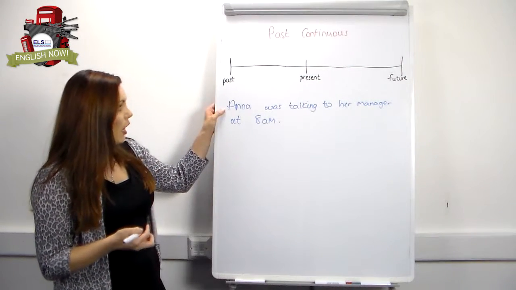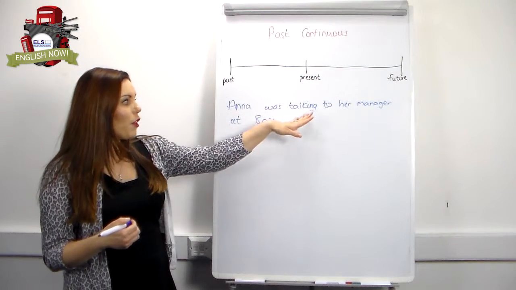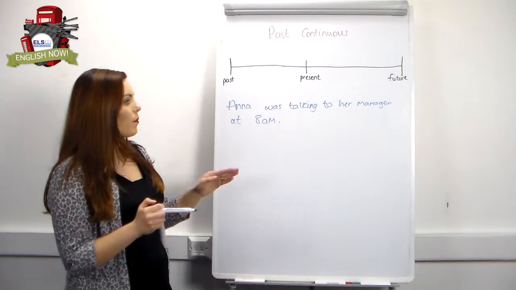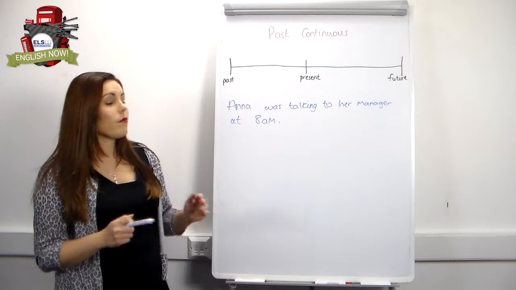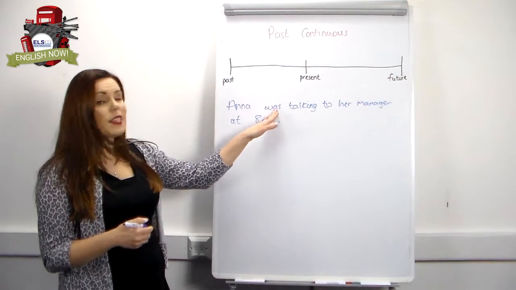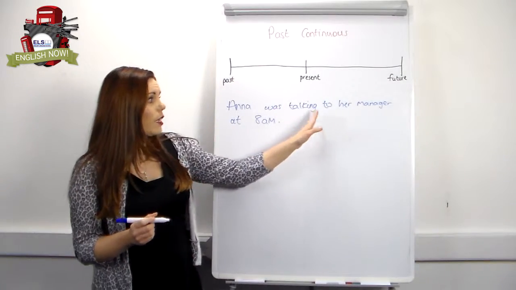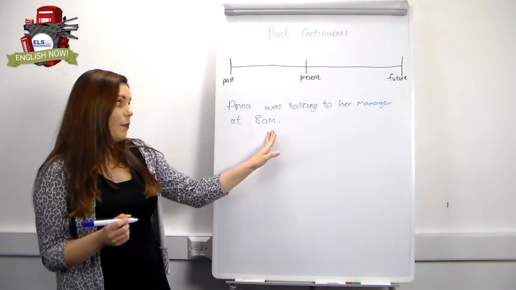We start with the subject, which is Anna, followed by be, then the verb with ing. The only difference is, instead of using be, we use the past of be, which in this example is was. Anna was talking to her manager at 8 a.m.